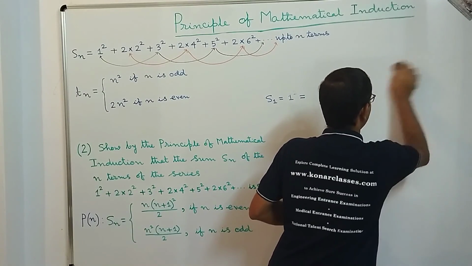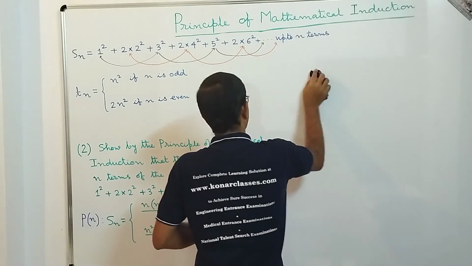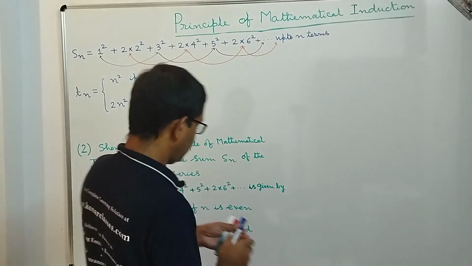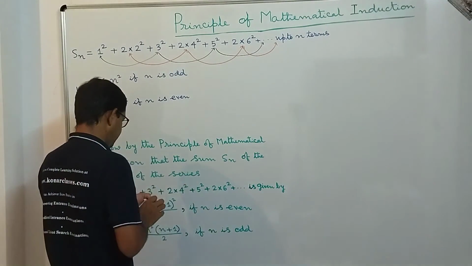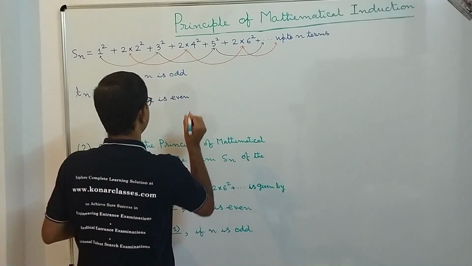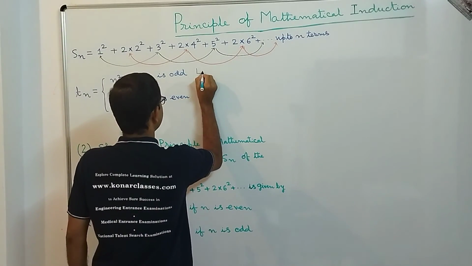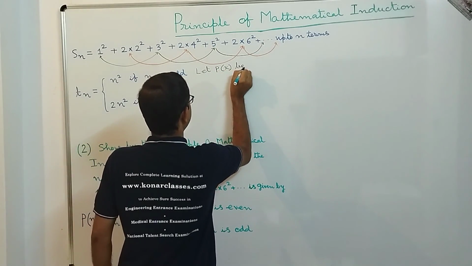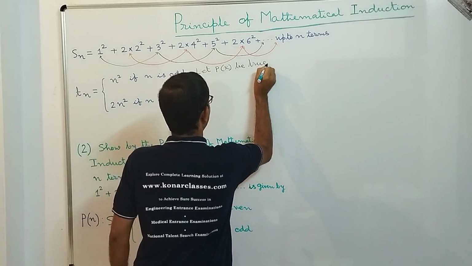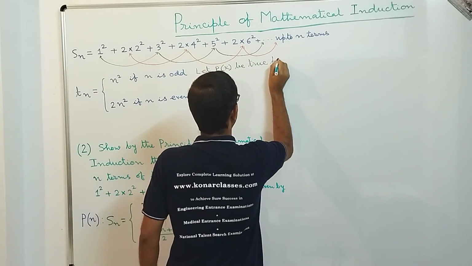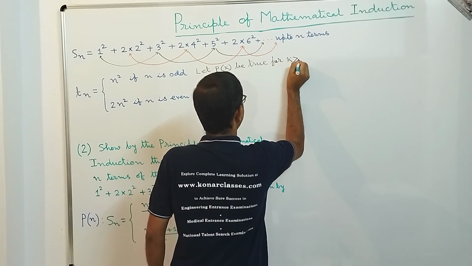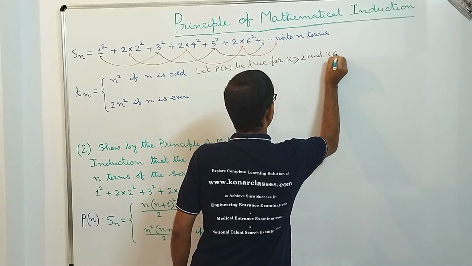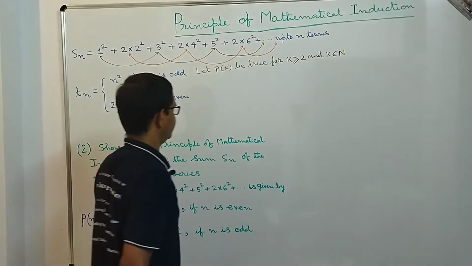So let Pk be true for k greater than or equal to 2 and k belongs to the set of natural numbers.